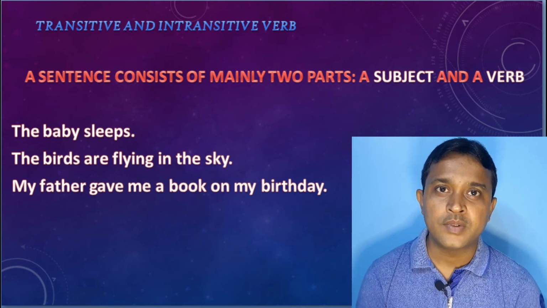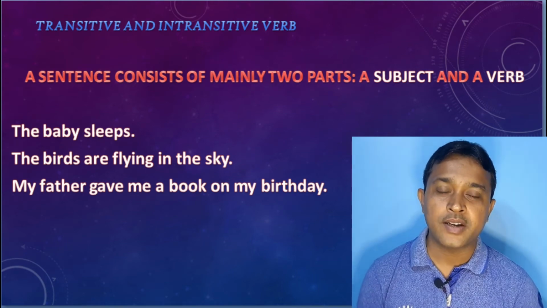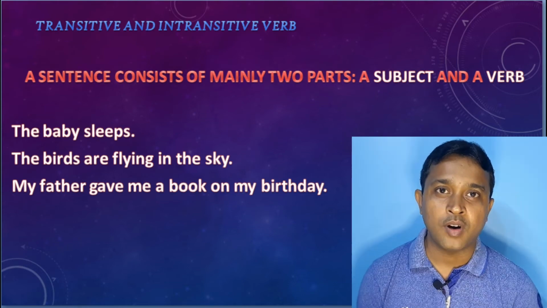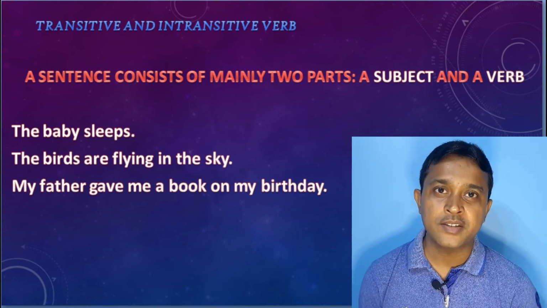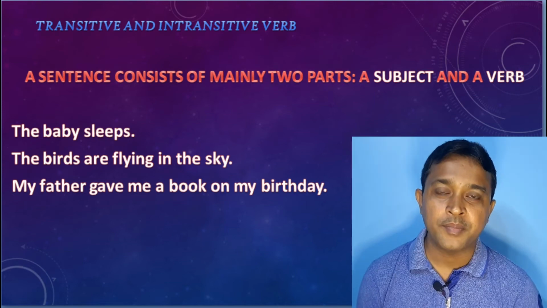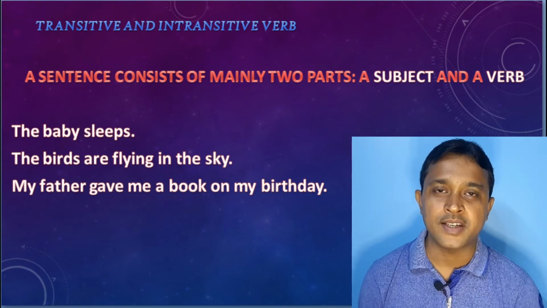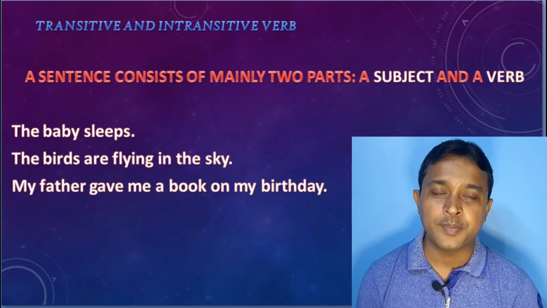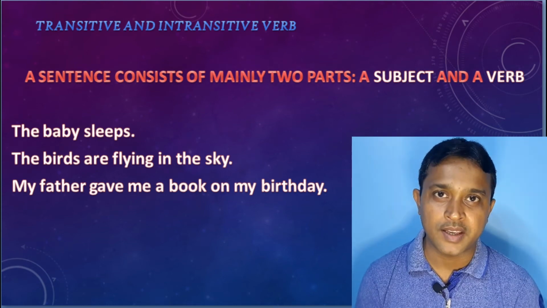Apart from a subject and a finite verb, one or more objects and complements may also be present in a sentence in English. For example, the birds are flying in the sky.